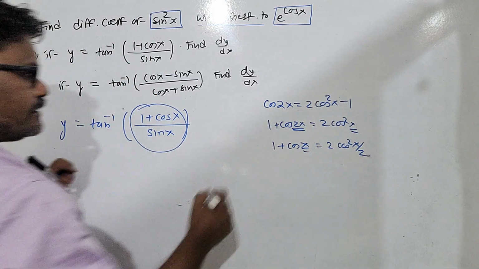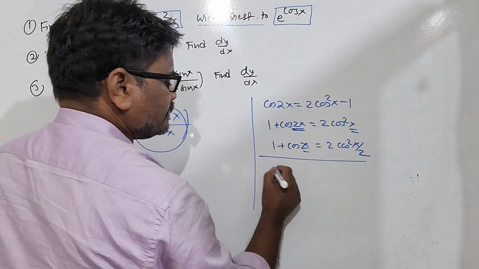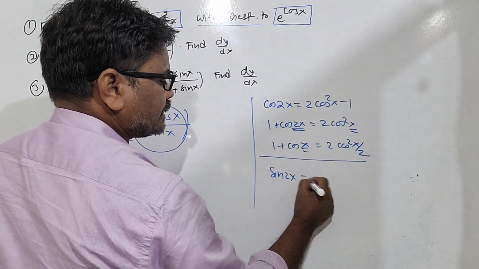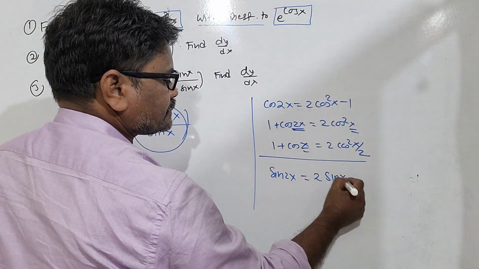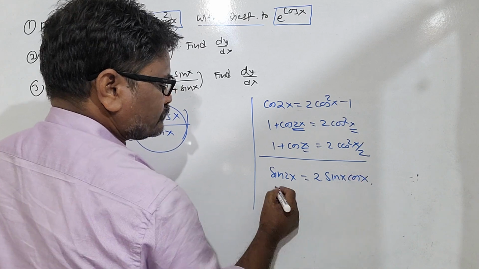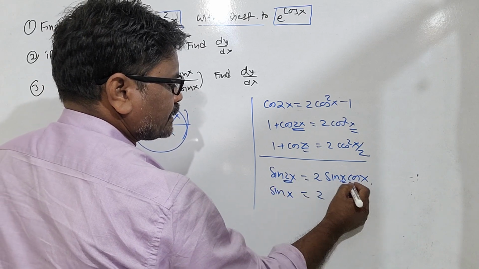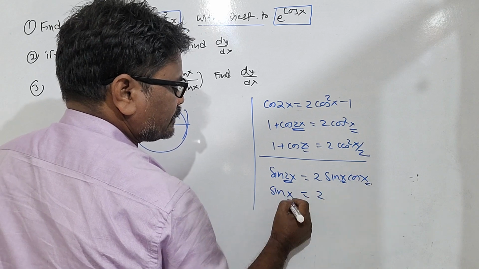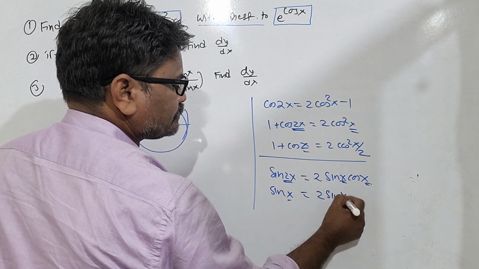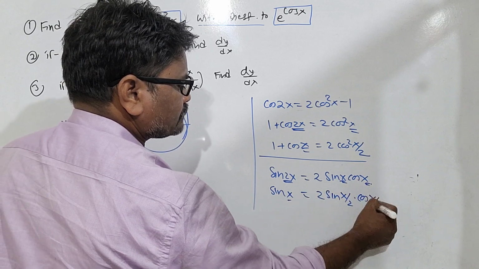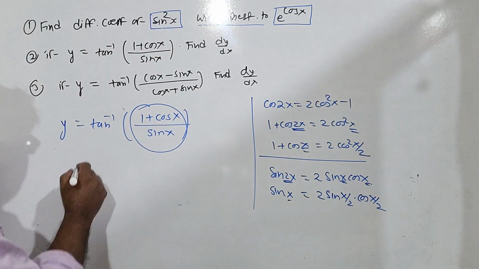So similarly, we know sin 2x is 2 sin x cos x. So therefore sin x will be 2 sin x by 2 cos x by 2. These two formulas we will use over here.